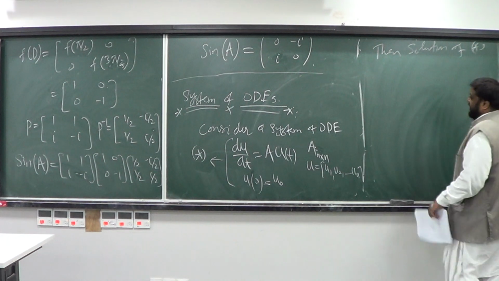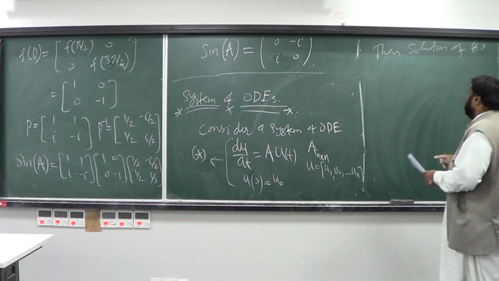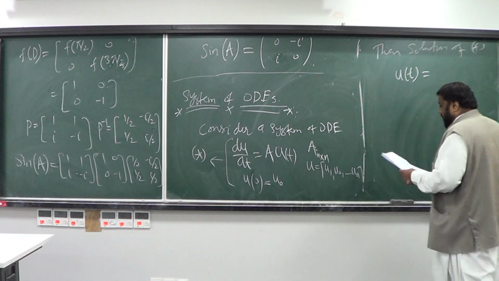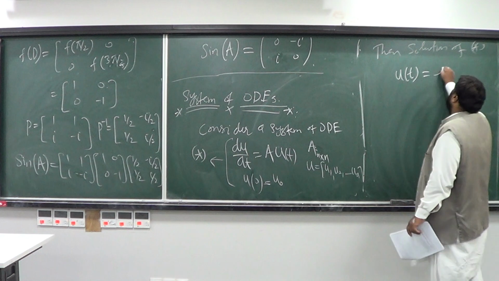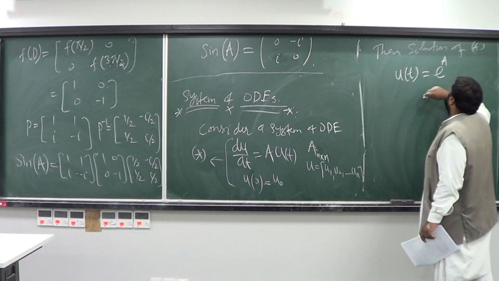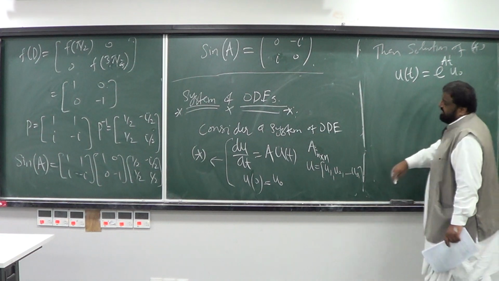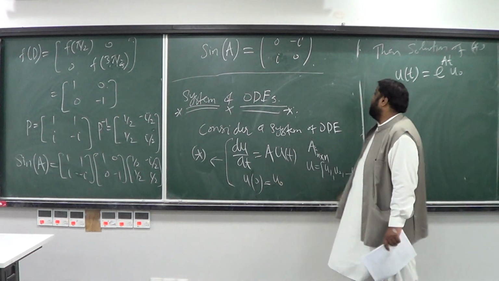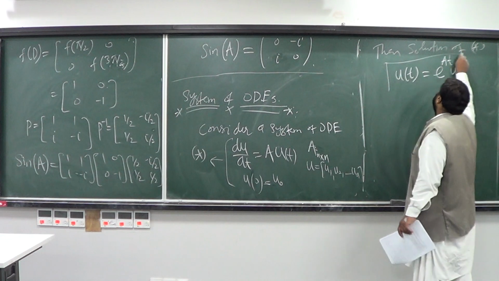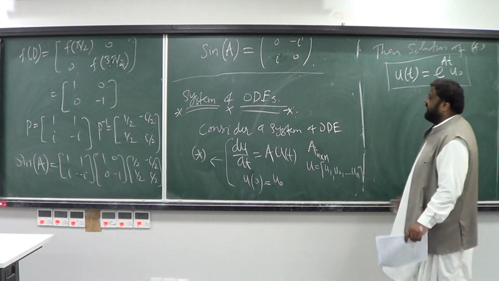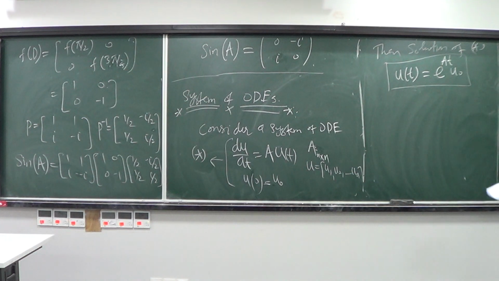Solution of this system star is a vector u of t that you can obtain by computing the matrix e to the At and multiplying it with your initial condition u naught actually, okay? And multiplying it with u naught. So this is going to be the solution of this system of differential equation actually, okay?